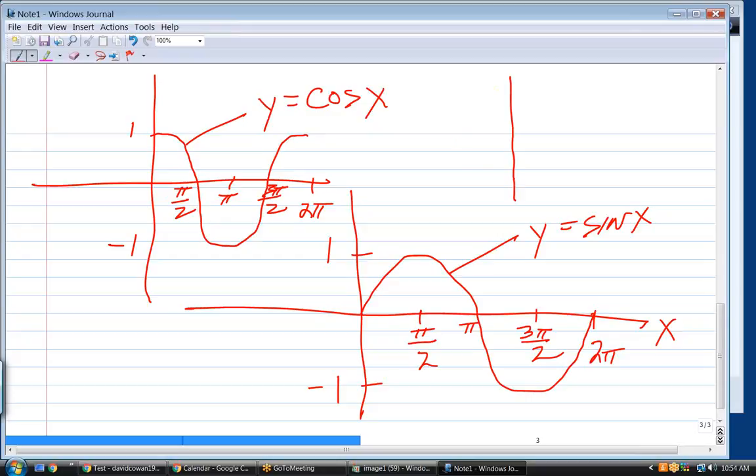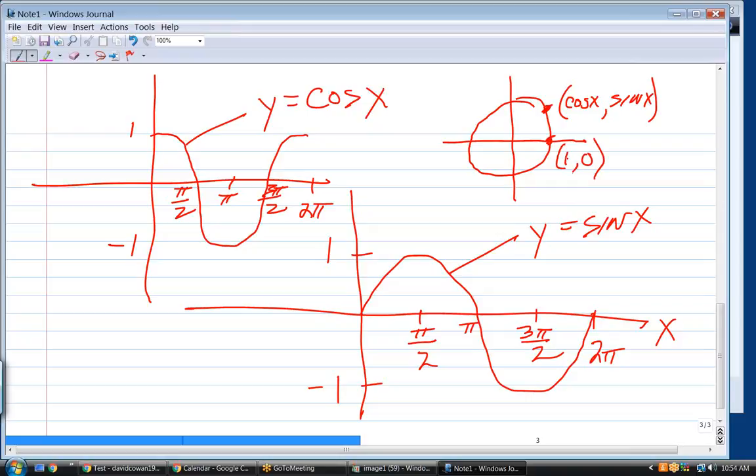Did you fully understand that? Yesterday, when I was telling you that any point on the unit circle is (x, y), the x is cosine of the angle, and the y is sine of the angle. Yes. Okay? So if I want to know what the cosine of a 0 angle is, what's the point on that curve? That point is (1, 0).